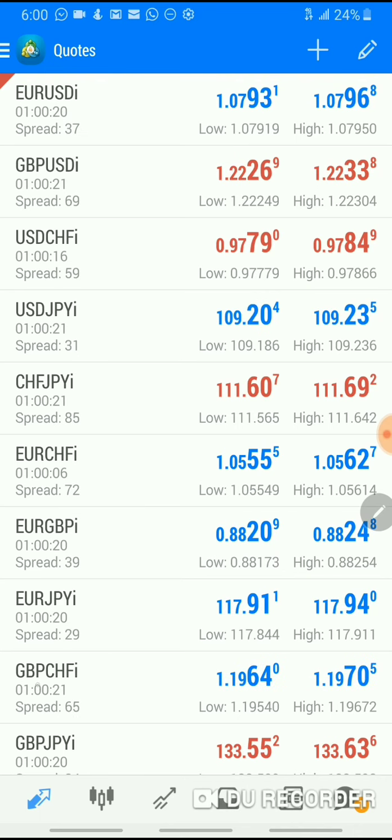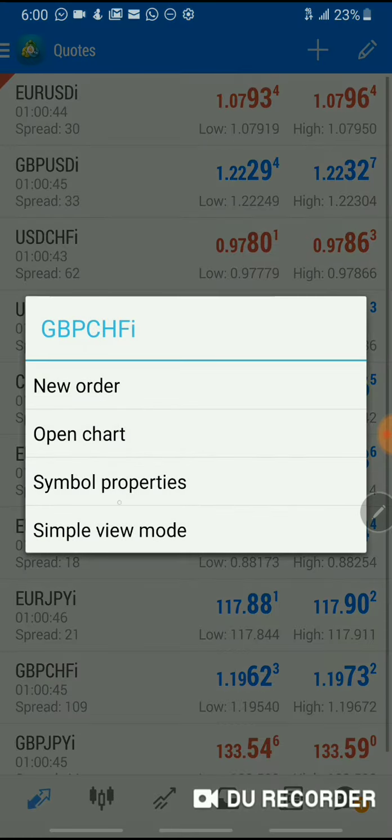So you can see GBP CHF was 1 something just now, and now it's 66. All right, so it's 81. So that means if I enter a trade, it's 92. If I enter a trade, let's say it's at 100, GBP CHF is 100.